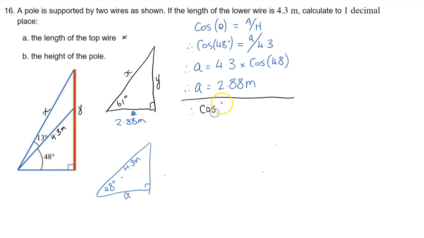Okay, cos of theta equals adjacent over hypotenuse, cos of 61 degrees equals adjacent, which is 2.88, over my hypotenuse, which is x. Because my variable is down under, I'm going to switch them. So I'm going to change these two over.